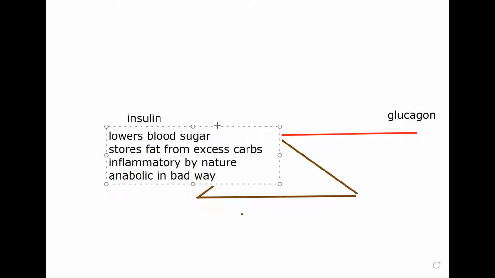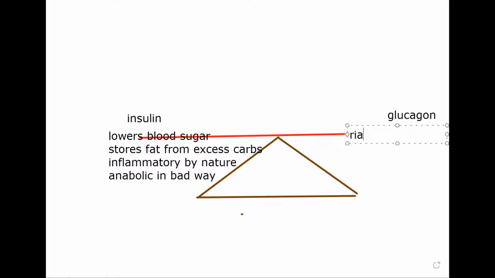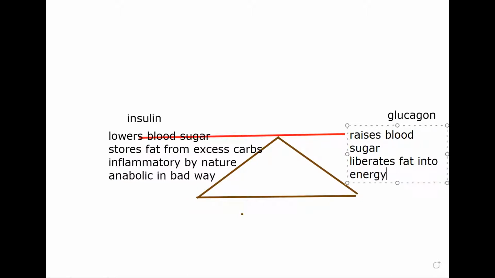Anabolic's not always good. Then glucagon, by definition, raises blood sugar. It liberates fat into energy. There's a couple other things, but we'll keep it simple.